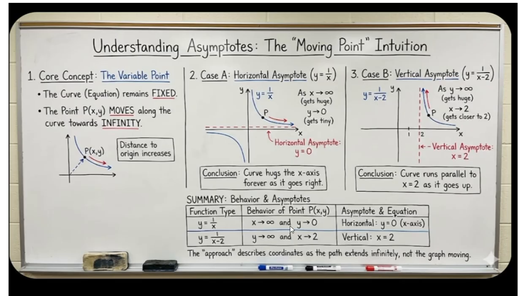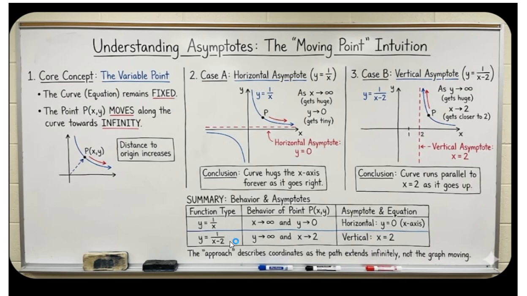Now the summary of the behavior, in two types. For y = 1/x, either the x coordinate or the y coordinate tends to infinity: as x tends to infinity, y approaches 0, and the asymptote is the horizontal asymptote y = 0, that is the x-axis.